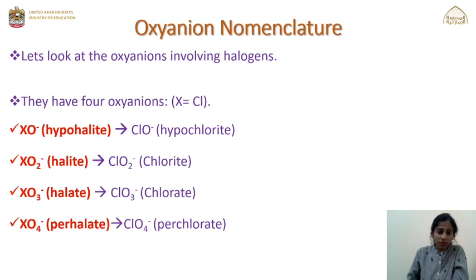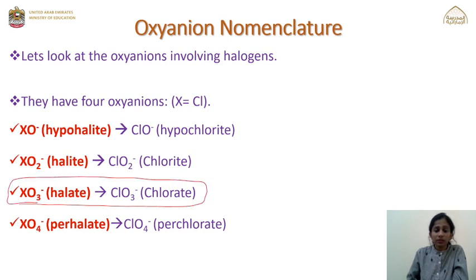For this you should know the formula for the halate. For chlorine it is chlorate, for bromine it is bromate, for iodine it is iodate, and so on.